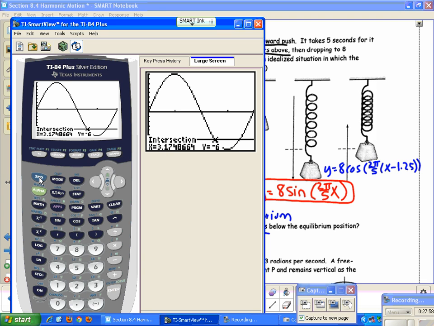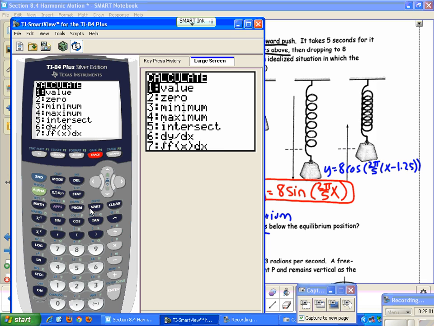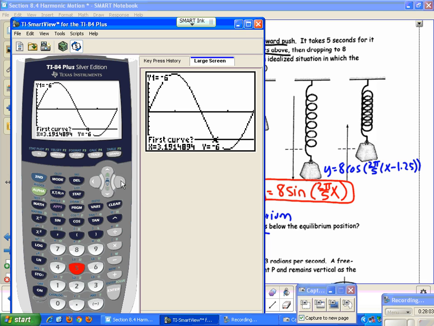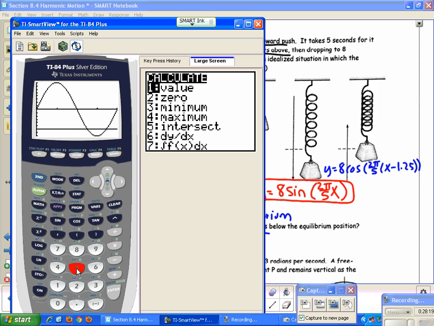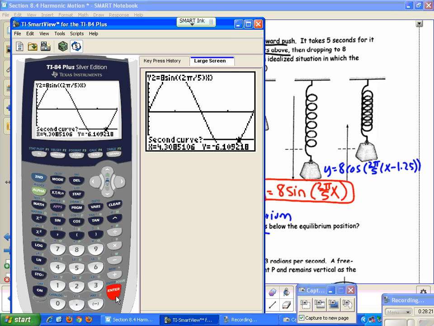And then if I do the intersection for the other point, and hit enter 3 times. Oops. Try that again.